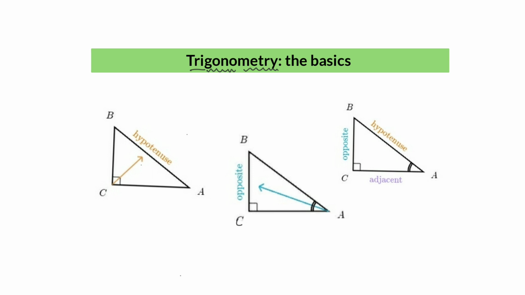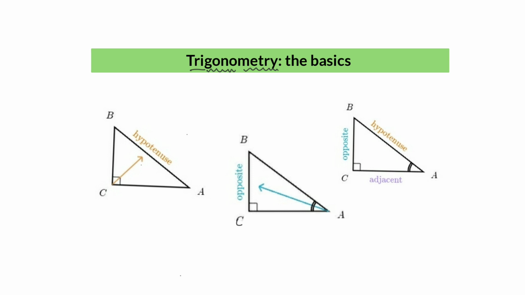Each right-angled triangle has three sides, and those three sides have each got a unique name. Let's look at the names they have. In the first triangle, we have a 90 degree angle, and the side right across from the 90 degrees is called the hypotenuse side.